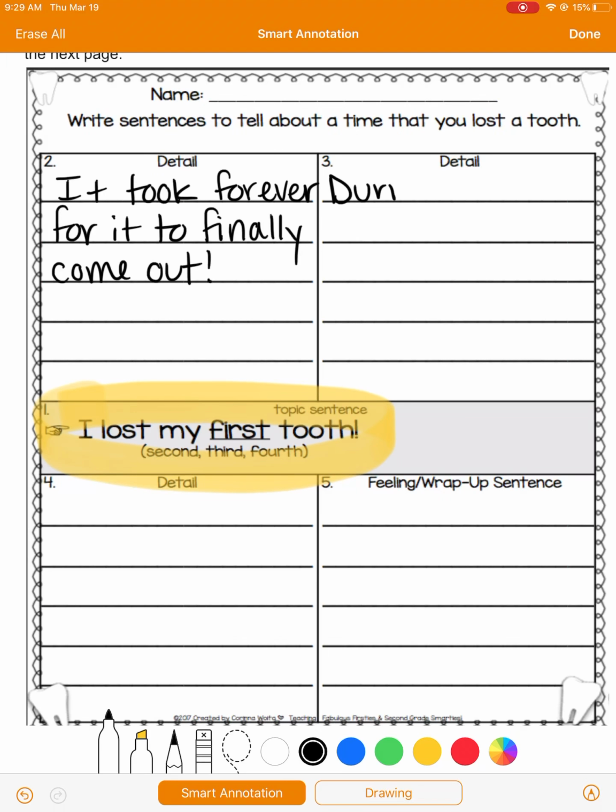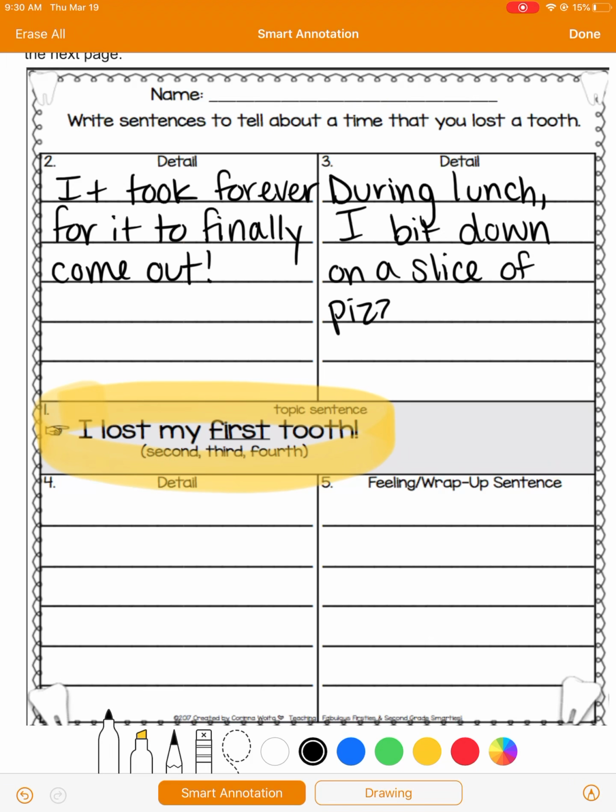During lunch, I bit down on a slice of pizza and it came out. There, I already told you my solution.